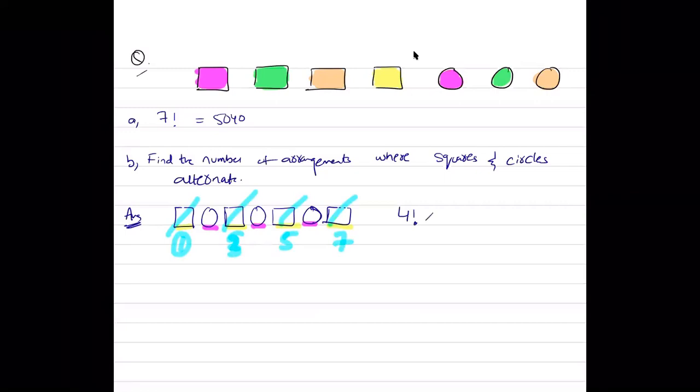Yes. Then there are 3 circles, so 3 circles can shuffle themselves in 3 factorial ways. So now what's your answer? 4 factorial is 24, 3 factorial is 6, 6 times 24 is 144. Make sense? So there are 144 ways in which you can have an alternate shape arrangement.